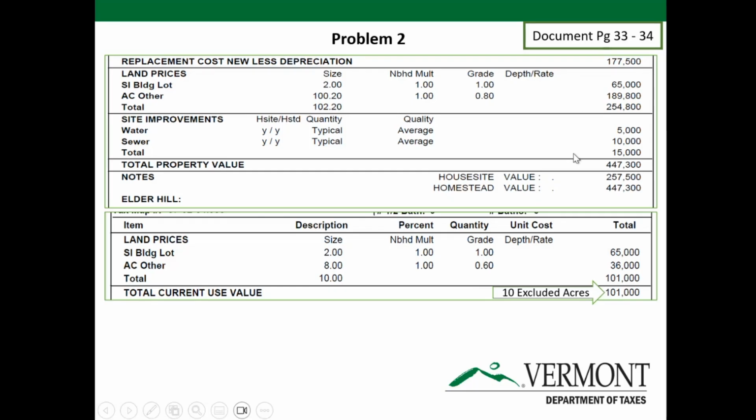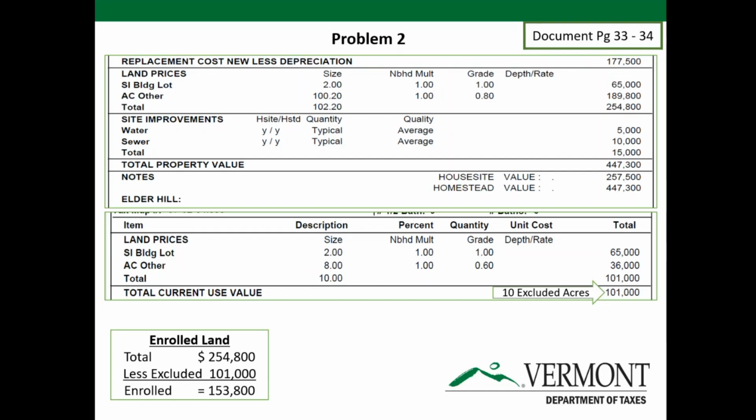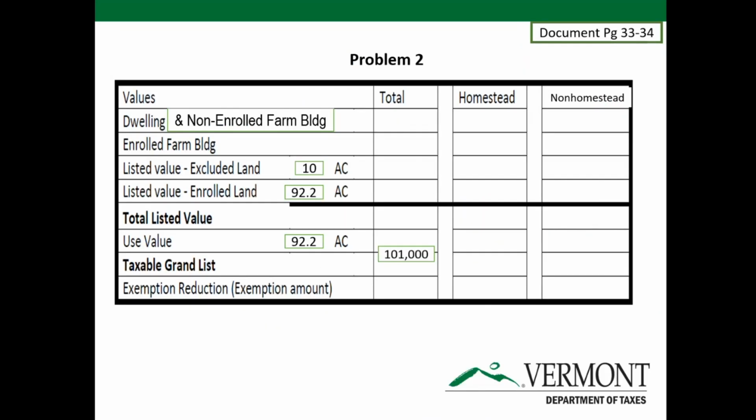So I determined as a standalone parcel that 10 acres of excluded is $101,000. So I'm going to go ahead to my grid and I'm going to put in 101 under my total column and under my homestead column because there was a homestead declared on the property.